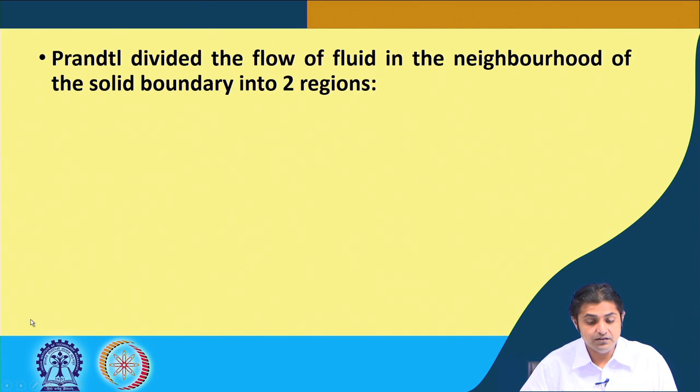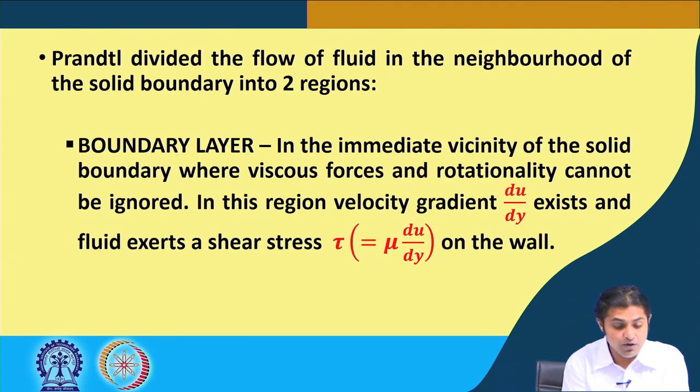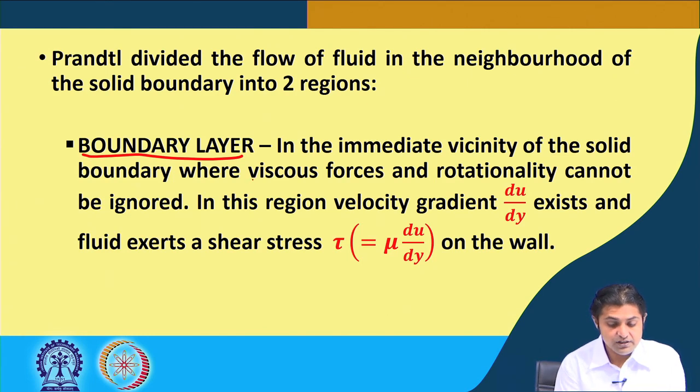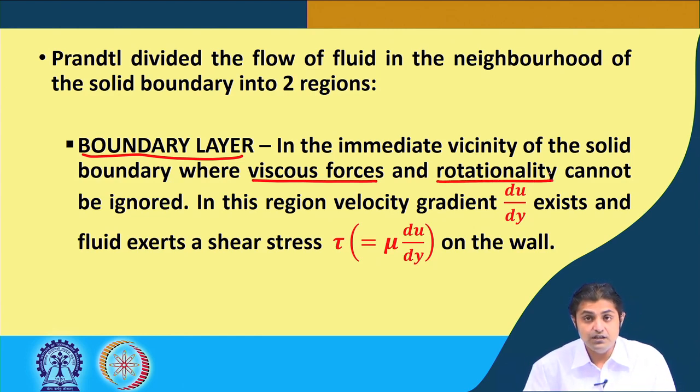Prandtl divided the flow of the fluid in the neighbourhood of the solid boundary into two regions to have a more simplified look. One is called the boundary layer. It is in the immediate vicinity of the solid boundary, where the viscous forces and rotationality cannot be ignored. We have seen in the previous lectures that most of the flow in water is considered irrotational.